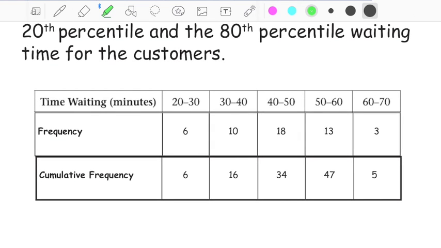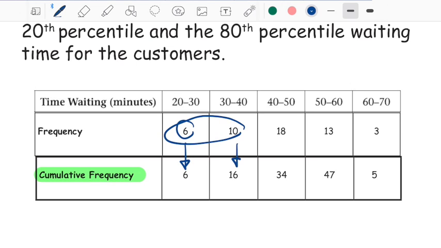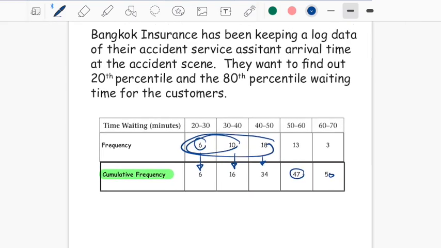Let's construct a table for CF, cumulative frequency. You can copy this, paste here, add these two and write it here, then add these three and write it here. Keep on writing it. In the end, if you add 3 to this, you get 50.